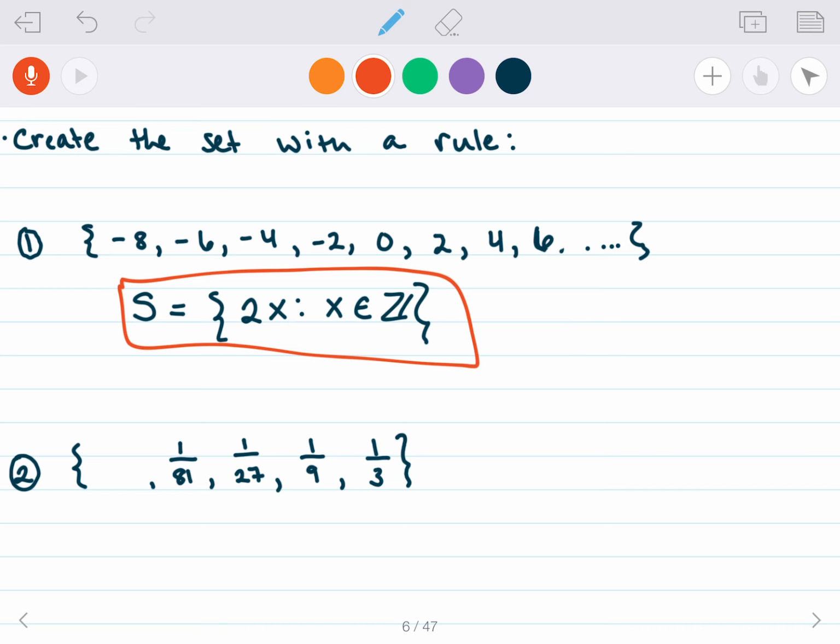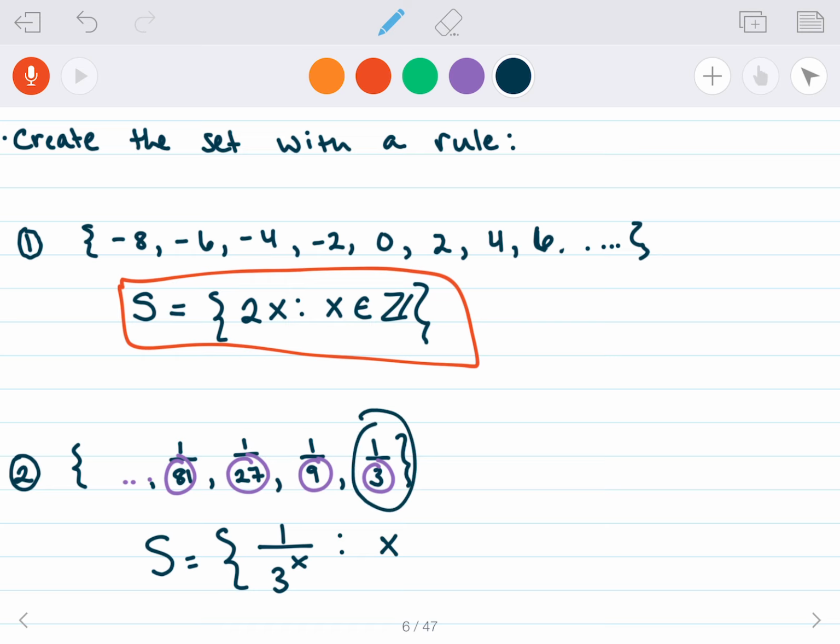What about this one? Oh, look, I left something out here. Well, what's the pattern? 1 over 3 to the first, 1 over 3 squared, 1 over 3 cubed, 1 over 3 to the fourth, etc. So this is going to be 1 over 3 to the x, such that x is in Z. Well, no, because it looks like the set terminates here.